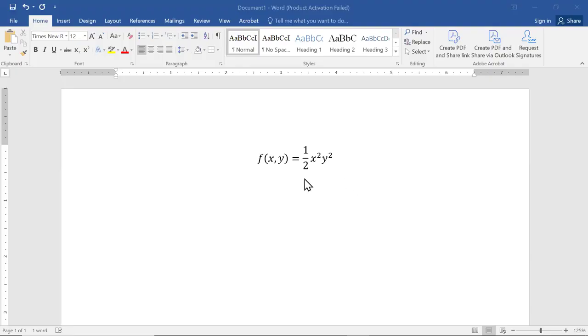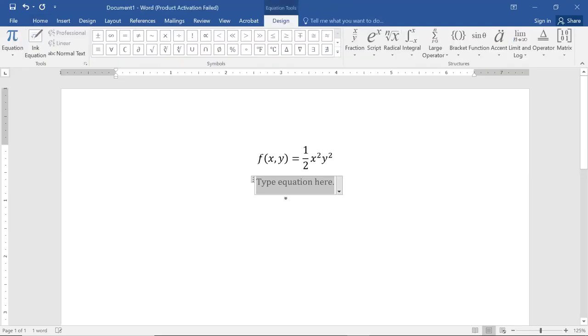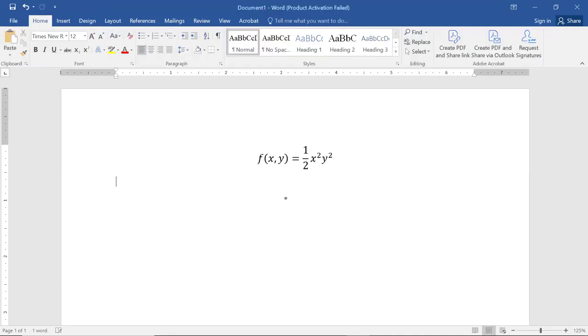Now the function here, obviously, is 1/2 times x squared times y squared. So we're going to have partial derivatives which work differently than they had before.